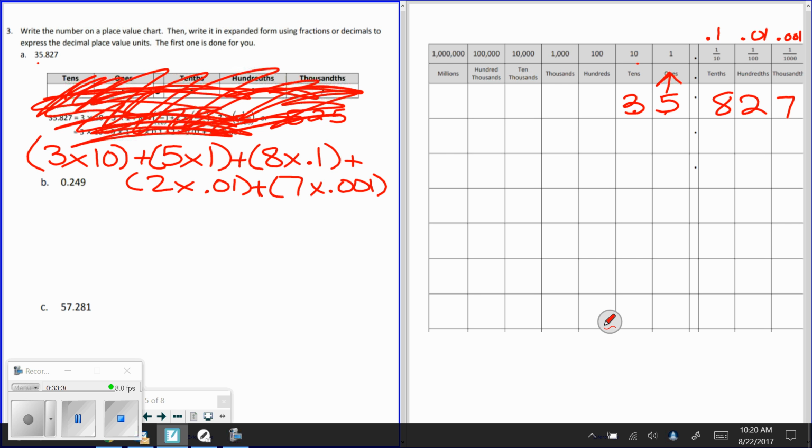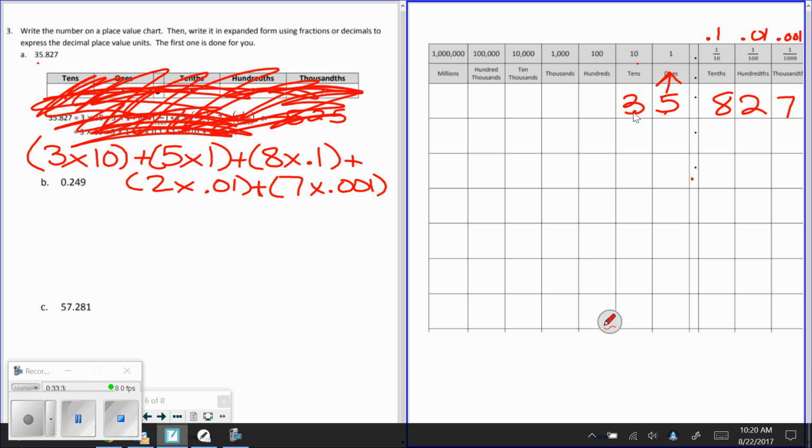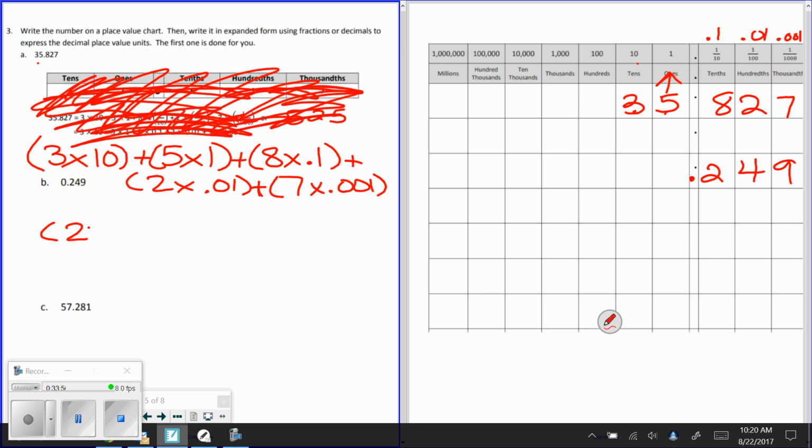So if I have 249 thousandths, do I have to write anything for these over here? No. 0 copies of things. But I have to start over here. 2 copies of what?